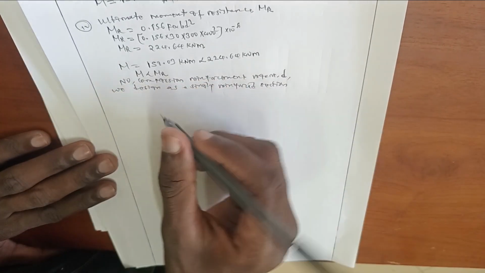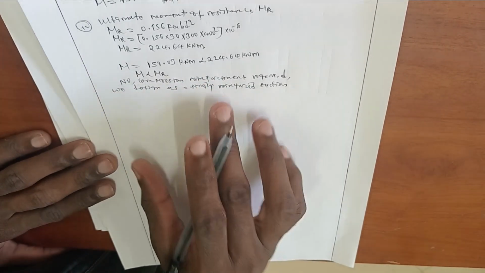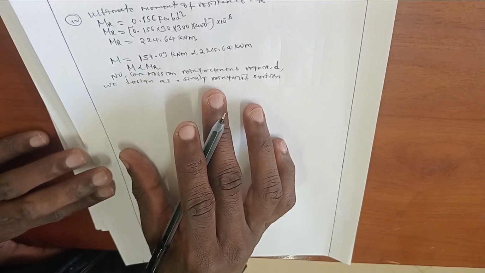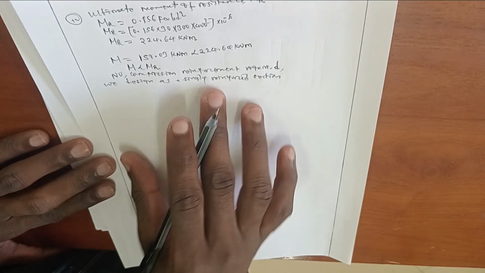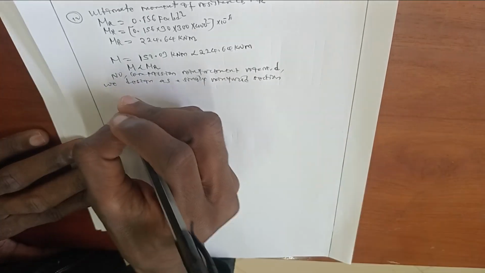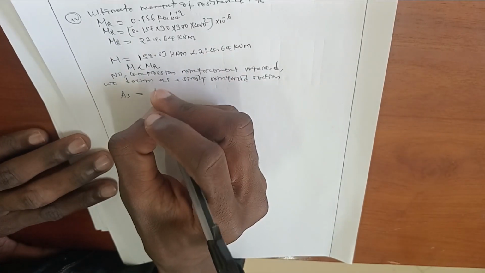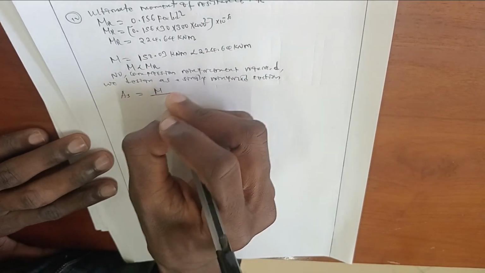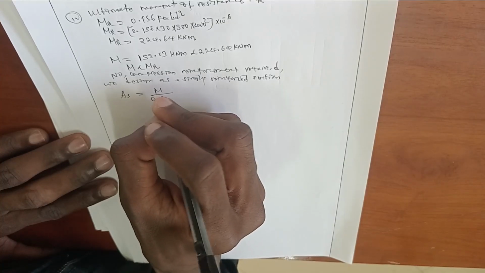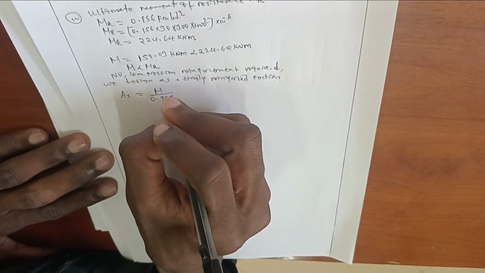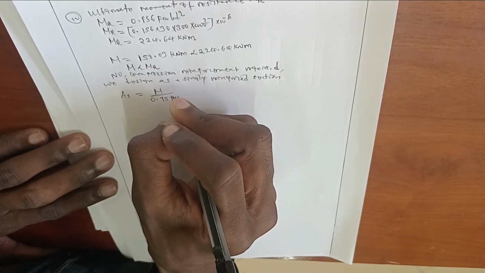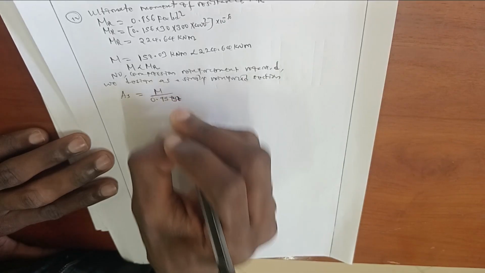Now, a single reinforced section has only tensile steel, which is provided at the bottom of the section. So the area of tensile steel is given by the maximum design moment divided by 0.95 fy times z.